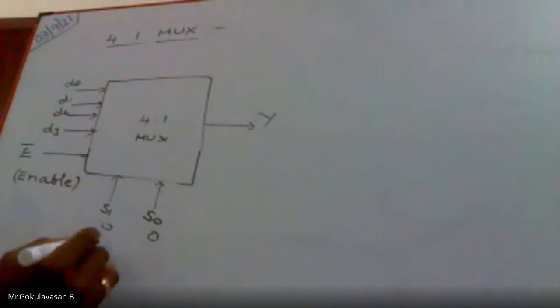If I want to explain how the data will be routed, for example, these 2 select inputs can have 4 combinations. You know that: 00, 01, 10, and 11. Am I right? For example, if I want to select D1 to the output, that is, I want to route this particular data to the output, the select inputs have to be chosen like this.